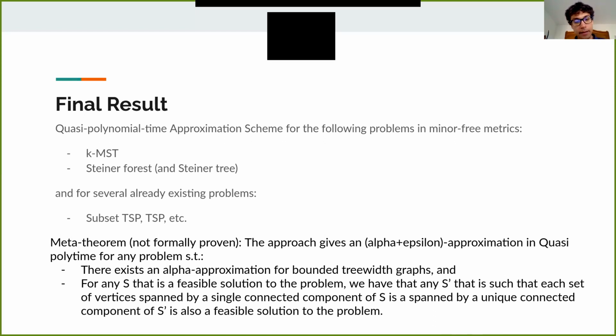And also, if the patching step, which consists in adding shortest paths to the solution, preserves feasibility. So if you have a solution, you start adding shortest path separators to the solution, and you preserve feasibility, then you can apply the technique and get an alpha plus epsilon approximation.